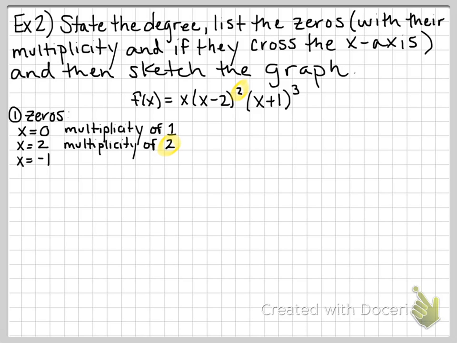It's easy to identify here because it's all to the squared power, so it's going to really show up twice, x minus 2, x minus 2. And x plus 1 would have a multiplicity of 3 because it's x plus 1 to the power of 3. So each of those multiplicities, 1, 2, and 3, tells us something about what the graph is going to look like, and we're going to talk about that next.